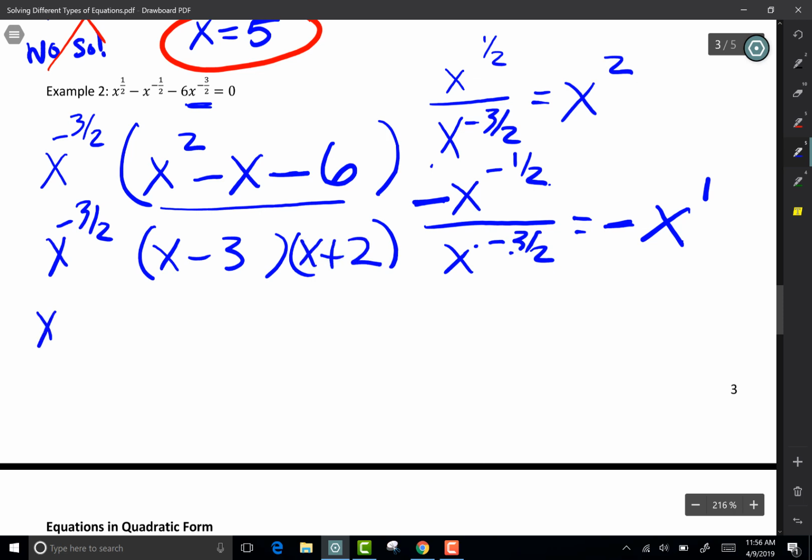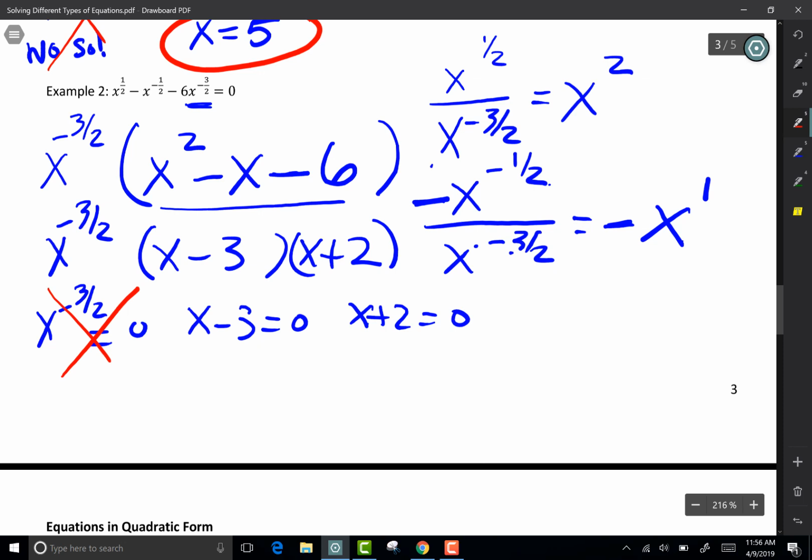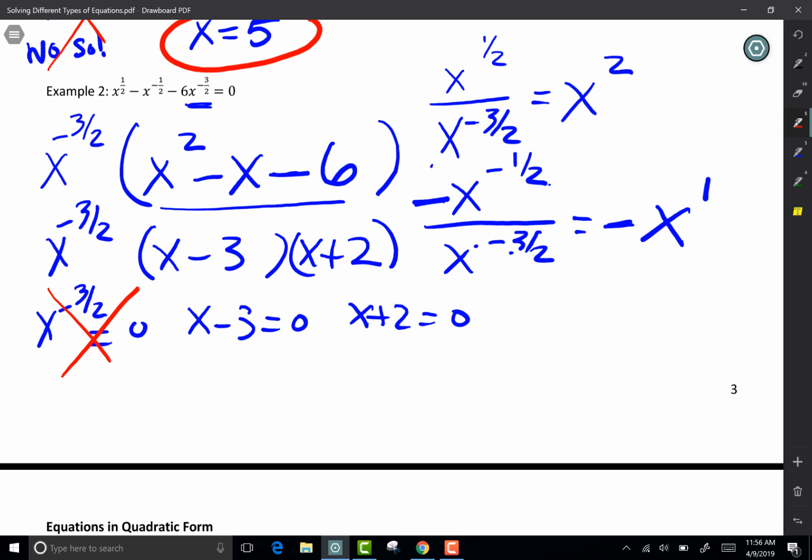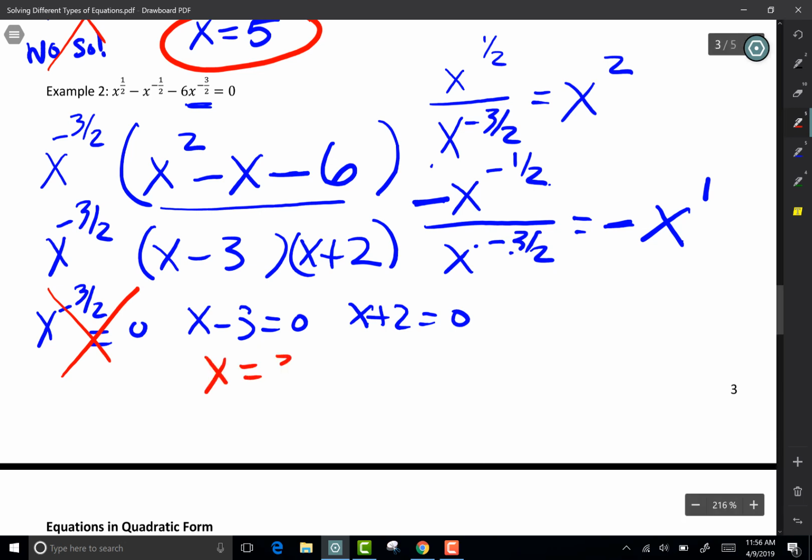So if I set each factor now to 0, this yields no solution because this is a negative fractional exponent, and when I flip the 0 to get rid of that negative exponent, that ends up dividing by 0, and we can't do that. But this one here gives me a solution of 3, and this one here gives me a solution of negative 2.